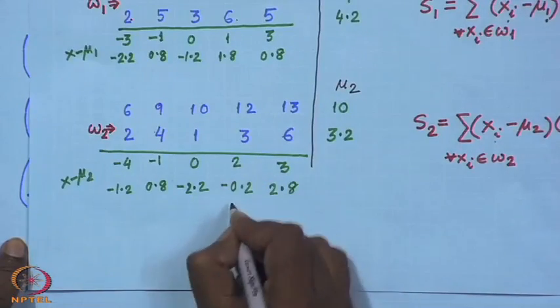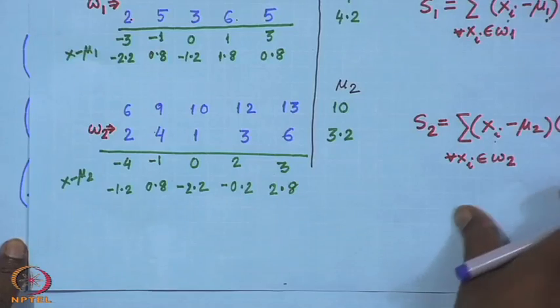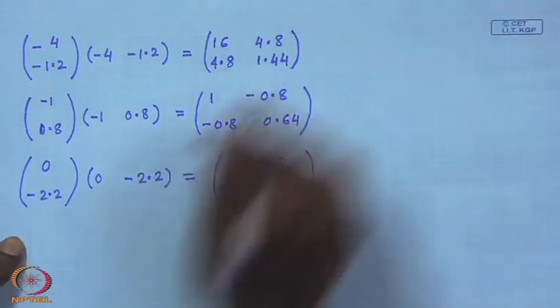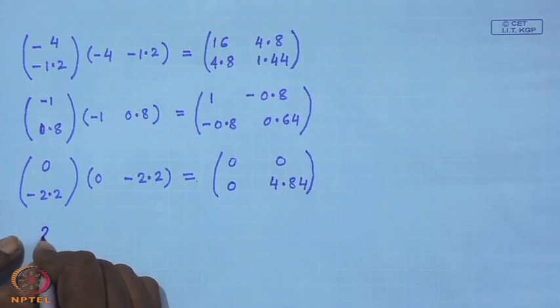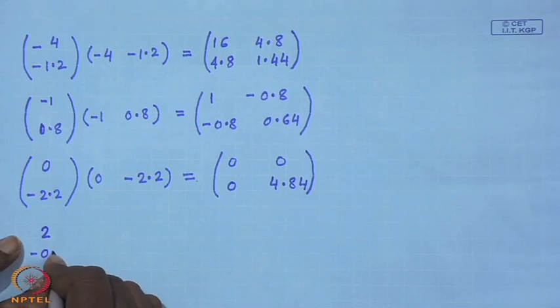To compute the fourth matrix, it is 2, minus 0.2.